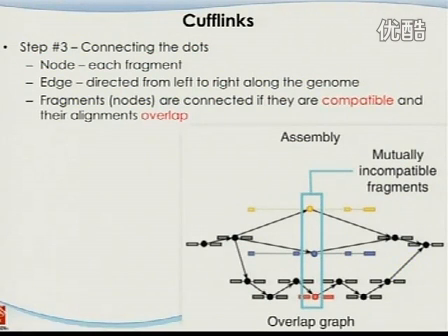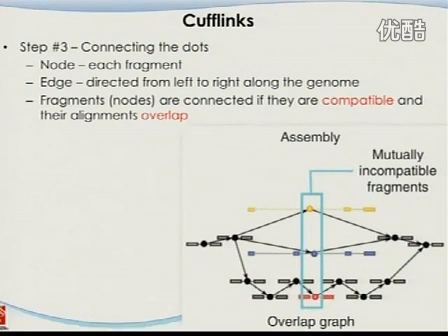I only connect them if they are compatible with each other and their alignments overlap. So let's see what that really means. For example, this is a fragment, this is a fragment, and I'm connecting those together because they are compatible with each other, they can occur on the same isoform, and they are also overlapping.